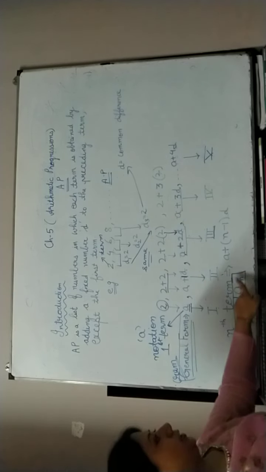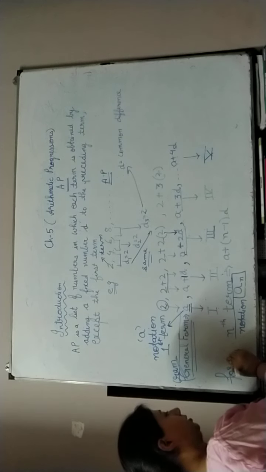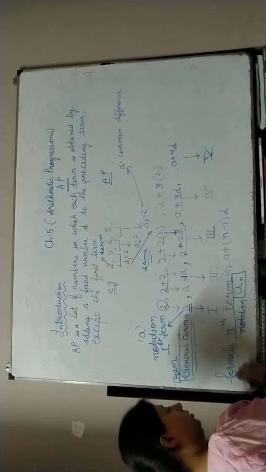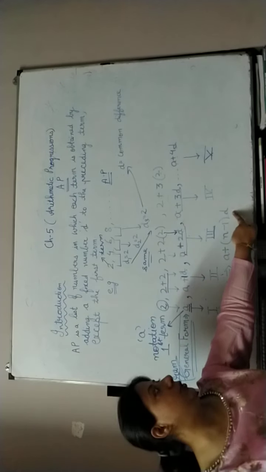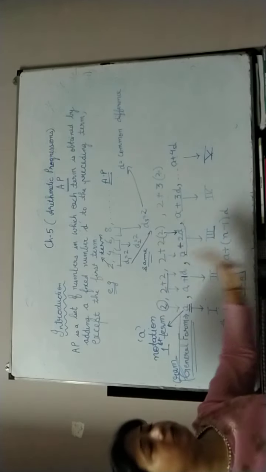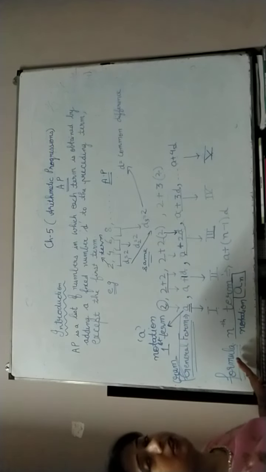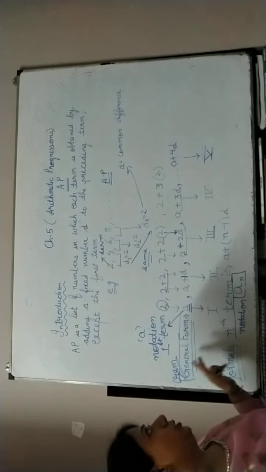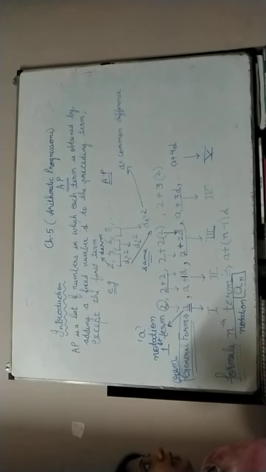And this is the formula to calculate the nth term: a plus n minus 1 into d. This is the general introduction of AP series. You have to write all these things in your notebook when you start this chapter. Note down carefully and try to understand. In an AP series, the difference remains the same. It is a sequence of numbers. That's it.